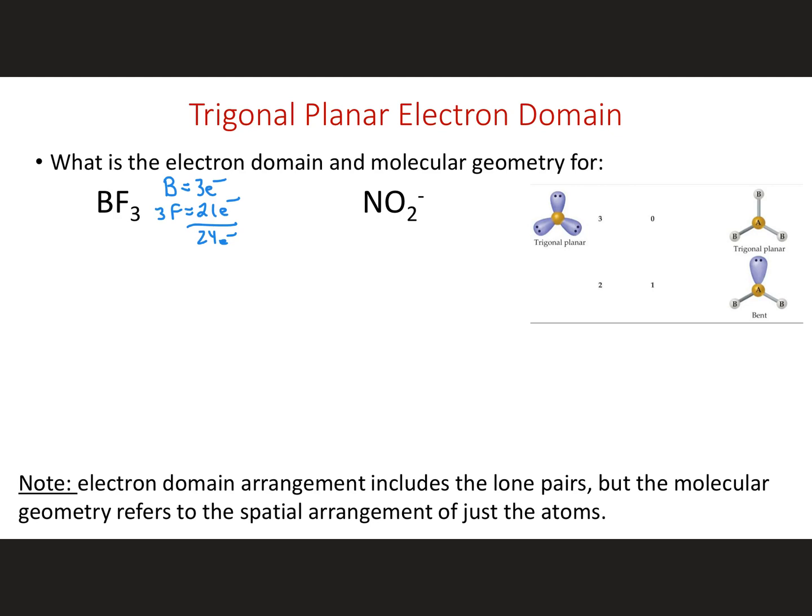Nitrogen has 5 valence electrons. Oxygen has 6 valence electrons, so 2 oxygens at 6 each, that's 12 valence electrons. And then the -1 charge means I have 1 extra electron. So that would be 18 electrons I'd have to assign for the nitrite.